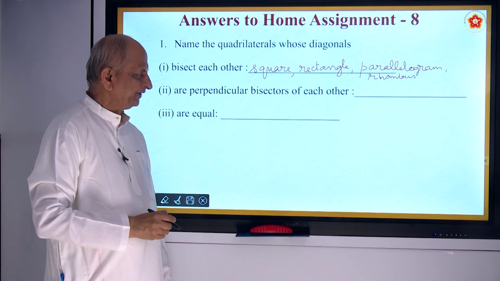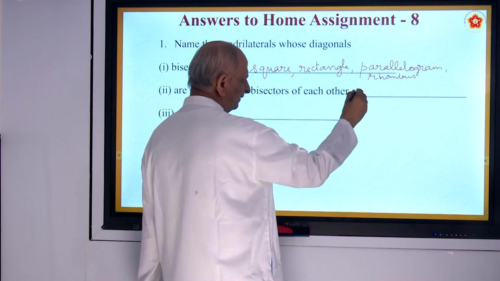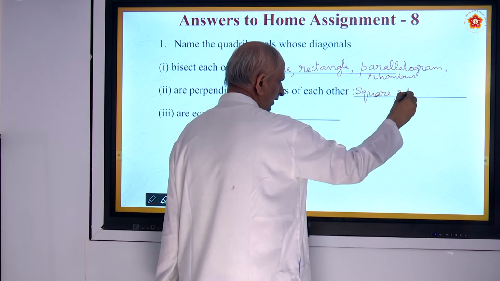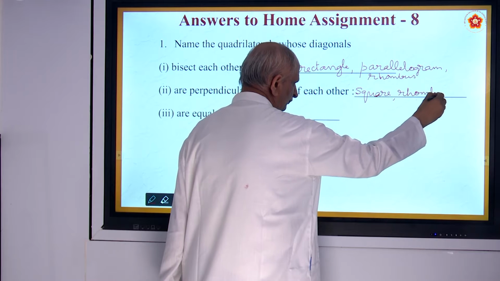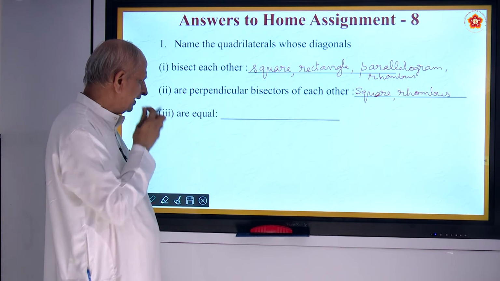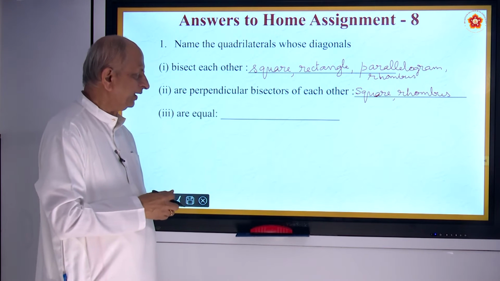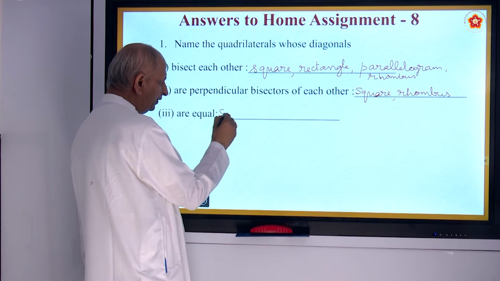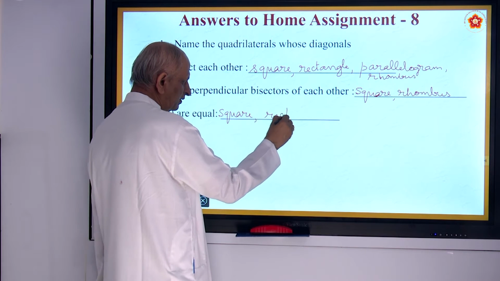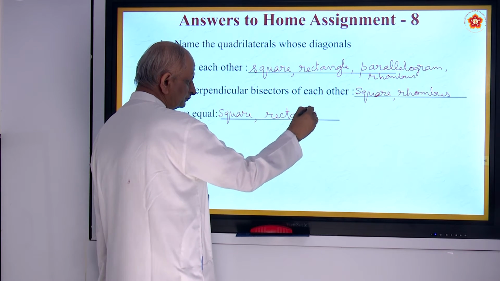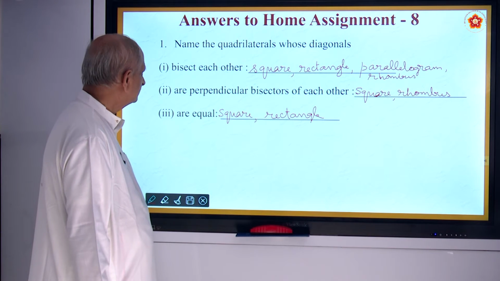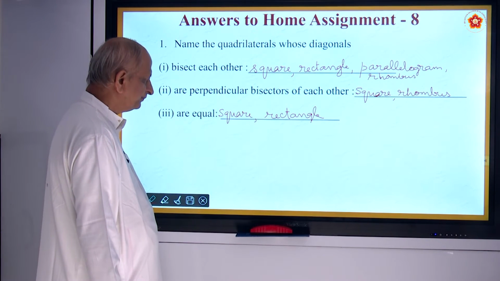Perpendicular bisectors of each other are square and rhombus. They bisect each other at perpendicular, alright? And diagonals are equal in square and also in rectangle. So it's a very simple question which all of you can answer, right?